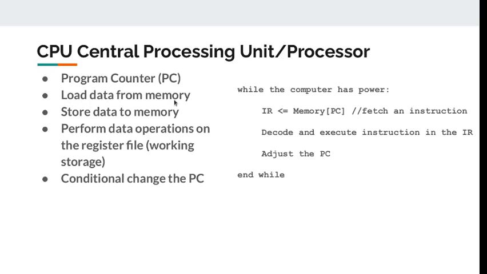Let's say we have an array, or something that doesn't fit your registers, because the registers are really small pieces of memory. And you have to store data back to the memory, because you need to use this data after. So the CPU has to be able to store back to the memory.